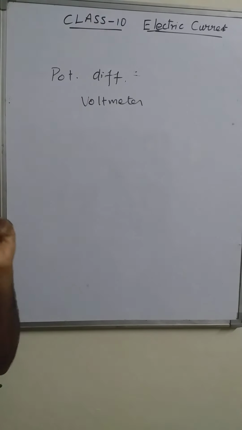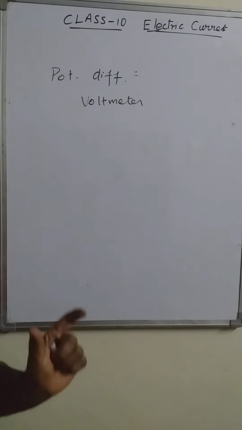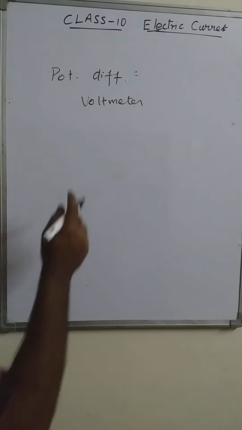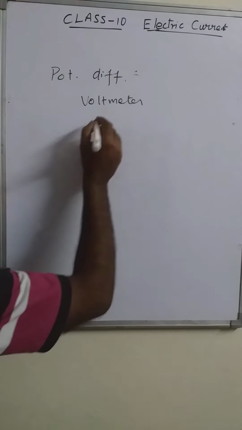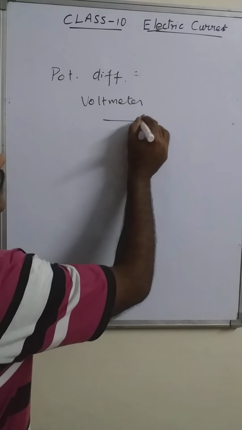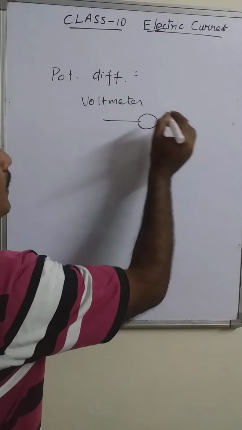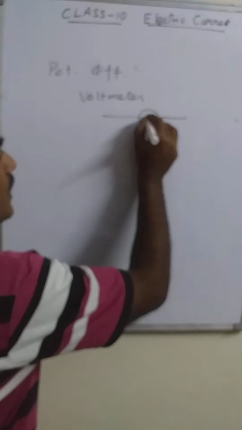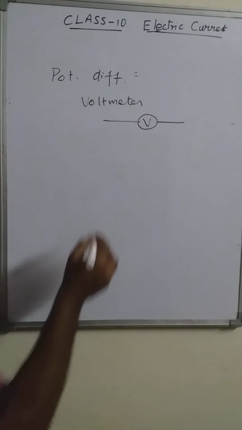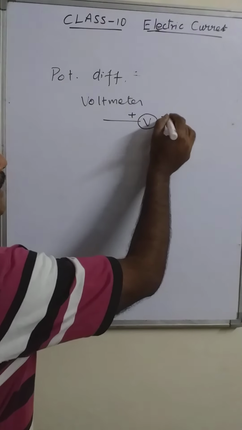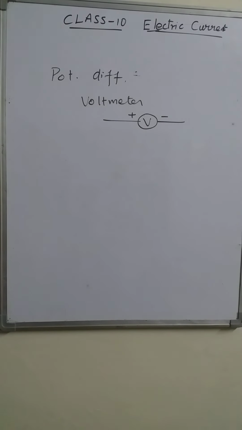It is used to measure the potential difference across any 2 points, and it is given a symbol: a line, a circle and a line. Inside the circle we write V and plus minus. This is the electric symbol for the voltmeter. So we have discussed two devices. One is the ammeter.